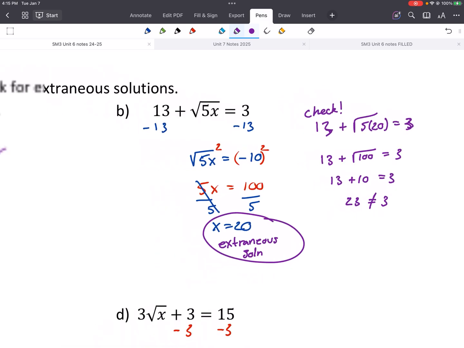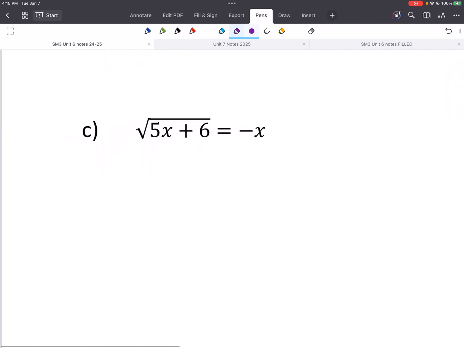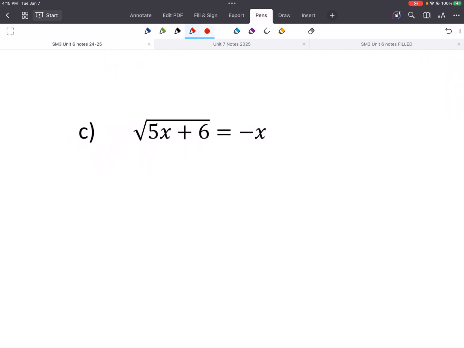Okay. All right. Here's another example. Again, we already have the square root term by itself, so we would want to go straight to squaring. So we end up getting 5x plus 6 is equal to x squared. So here's something that's a little different.